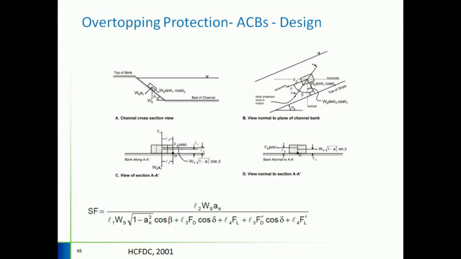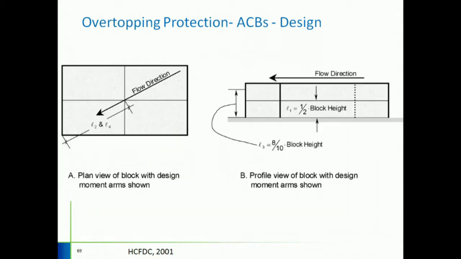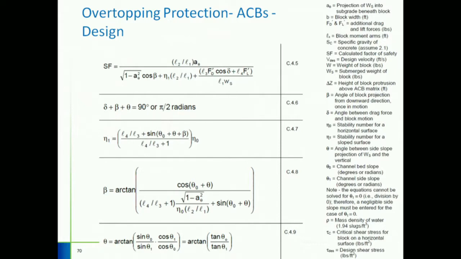And here are some other terms that you're going to need in that safety factor calculation. It's an involved process, multiple equations, but I provided all the terms here for you, and you can just put it in a spreadsheet and design it.